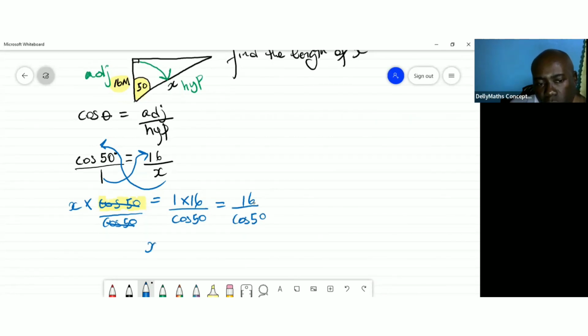So x is equal to that. What we're going to do is put that on our calculator: 16 divided by cos of 50. And our answer is 24.9 meters. My answer was given to 1 decimal place. There it is. There we go.